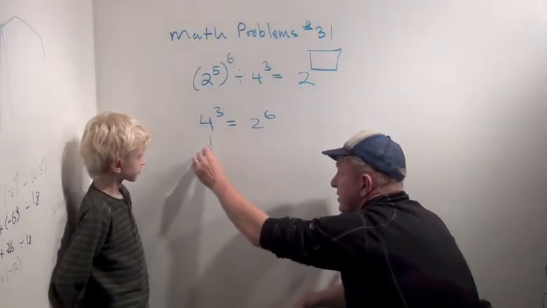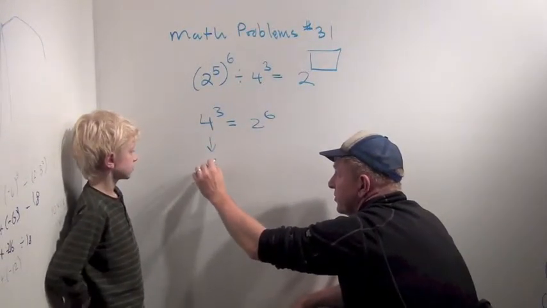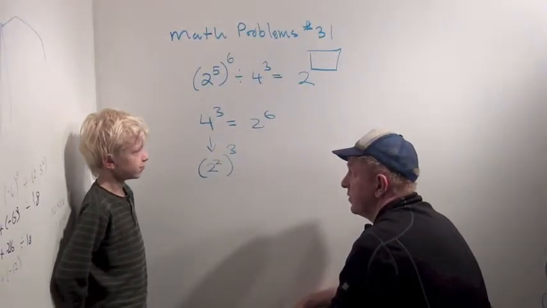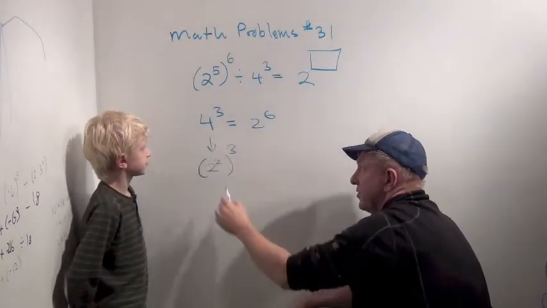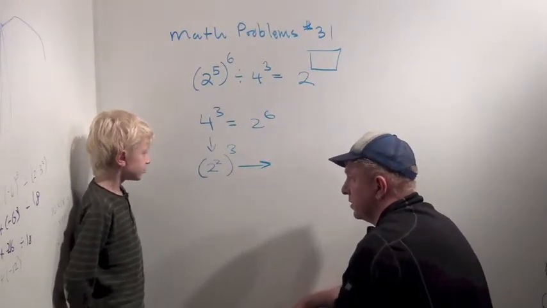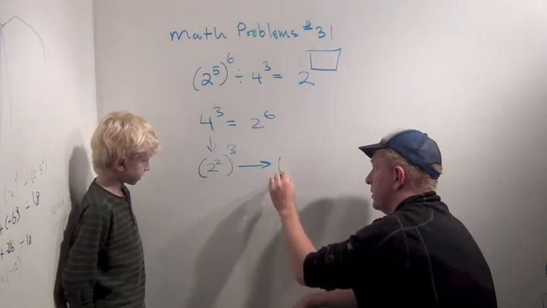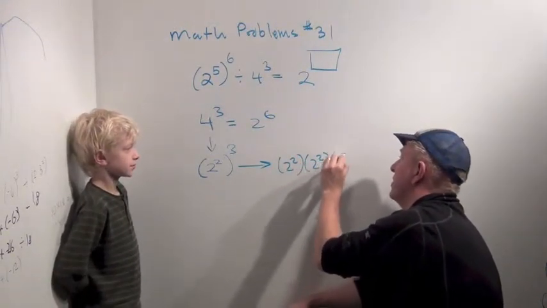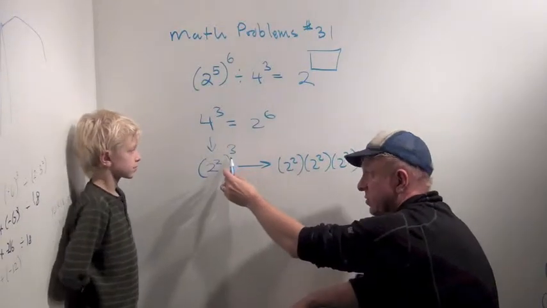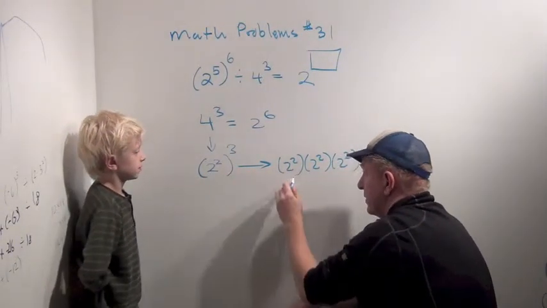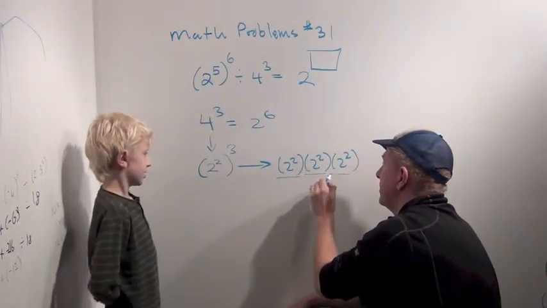So this is 2 squared cubed, because 4 is 2 squared. And what does 2 squared cubed mean? It's 2 squared times 2 squared times 2 squared, because that's what cubed means: take whatever you're cubing and multiply it together 3 times.